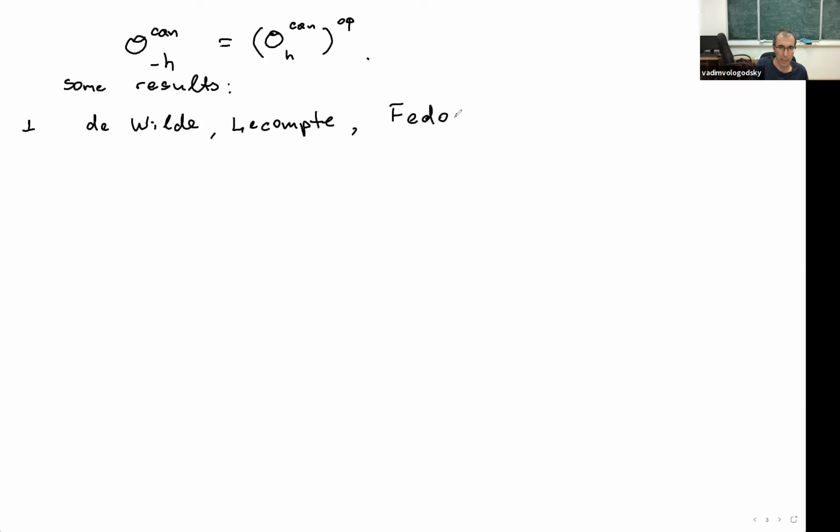These people work in smooth manifolds, real manifolds, and in the algebraic setup that I consider, the corresponding results are due to Bezrukavnikov and Kaledin.